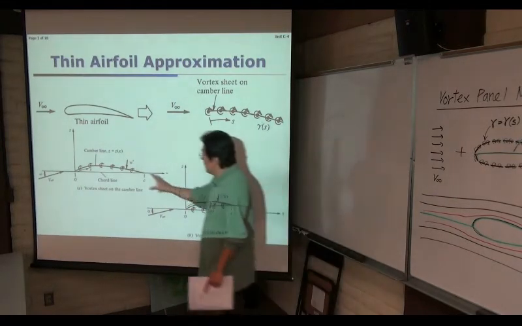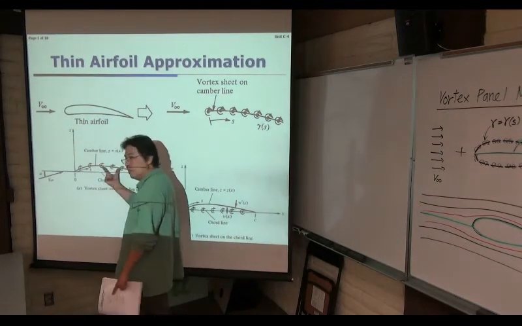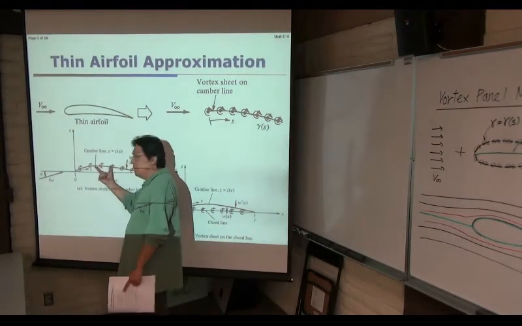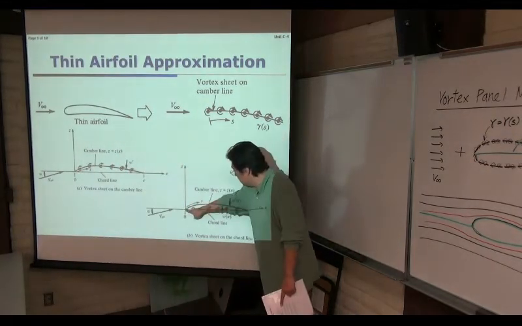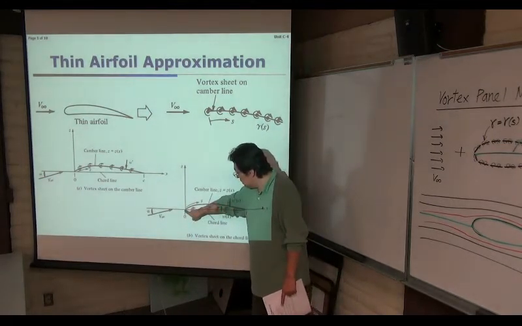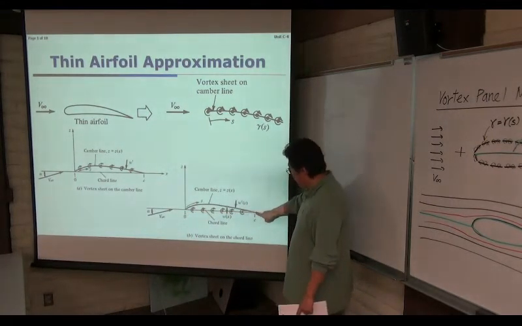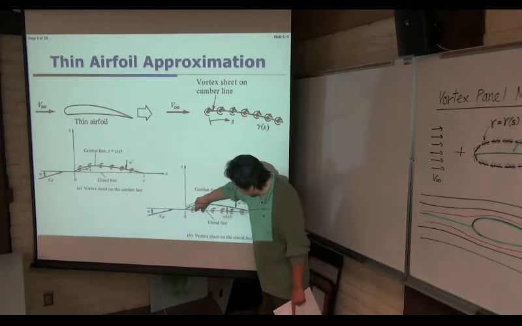Rather than representing the mean camber line using panels, because that is going to make the mathematics very complicated, we are going to choose the chord line. This is the chord line, starting from leading edge to trailing edge. We are going to represent the chord line, which is a straight line, using panels.